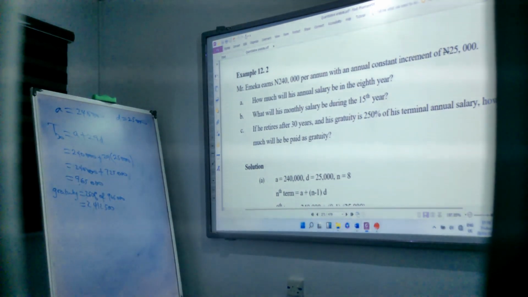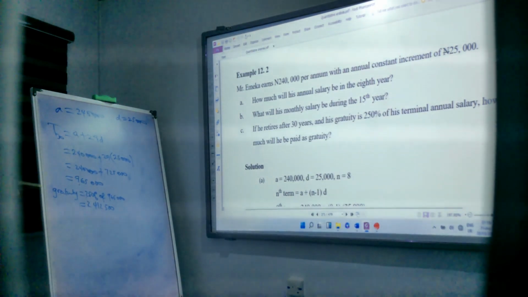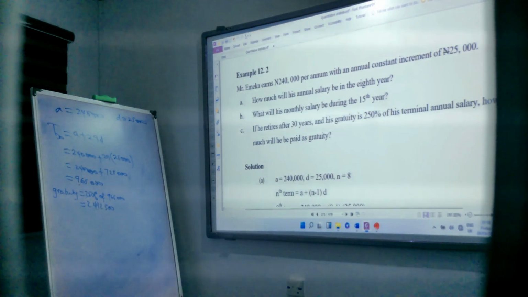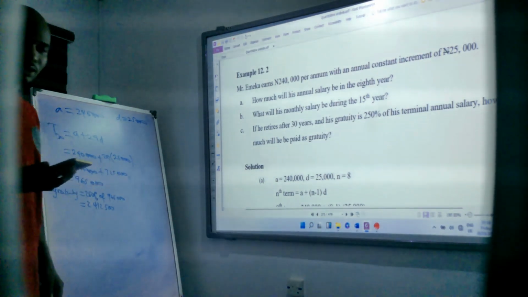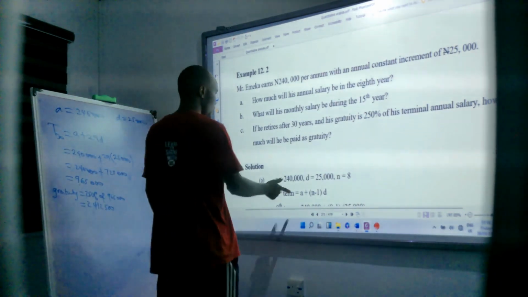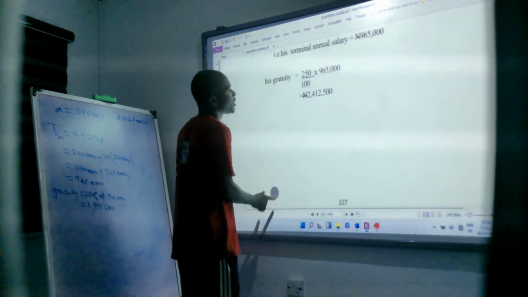So this is the gratuity. It is that percentage of his pay in the 30th year, and this will be the expected pay in the 30th year. Some companies follow that manner in determining the pay of the employee, however it changes every year.